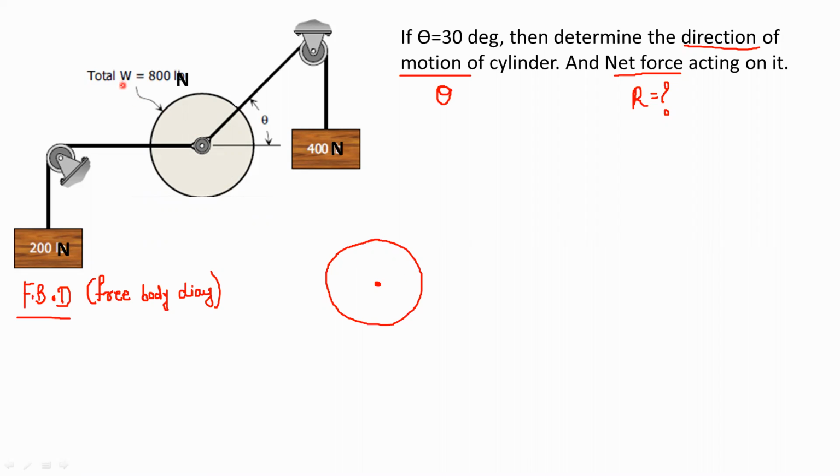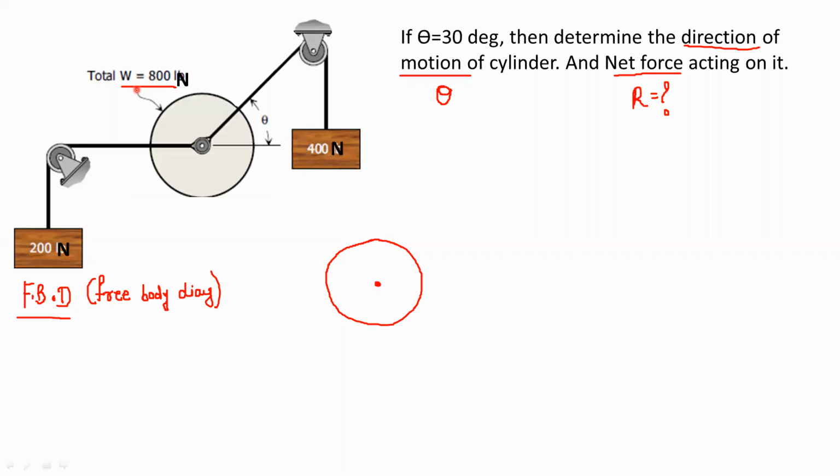Now observe the first force, which is nothing but the 800 Newton. So what is the direction of this 800 Newton? Right now in this figure, this weight force is not visible. That means we have to imagine the direction of this weight force.